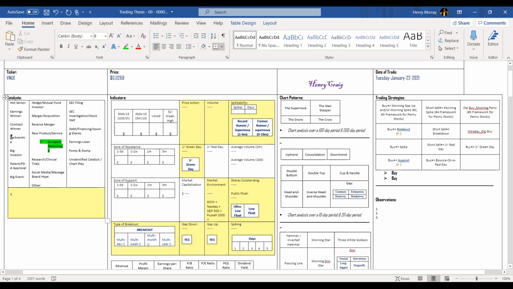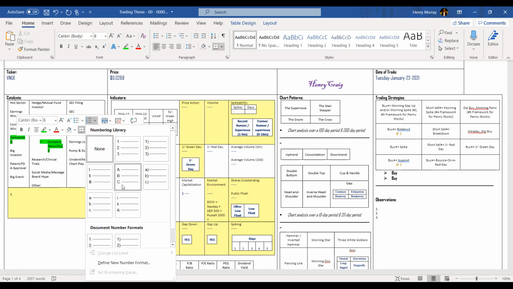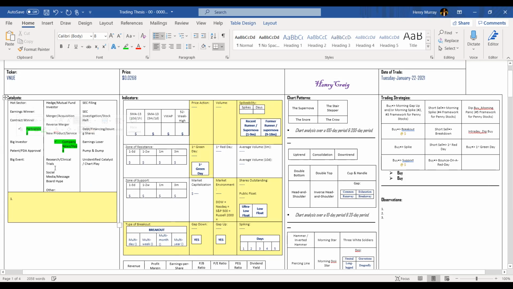Another catalyst that we identified was a partnership being formed with a singer, Caris BL. And another catalyst that we had was a contract.